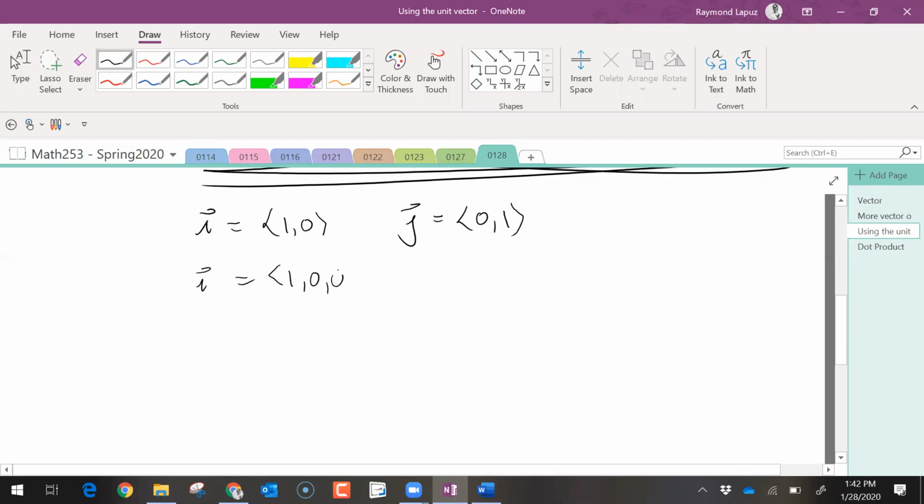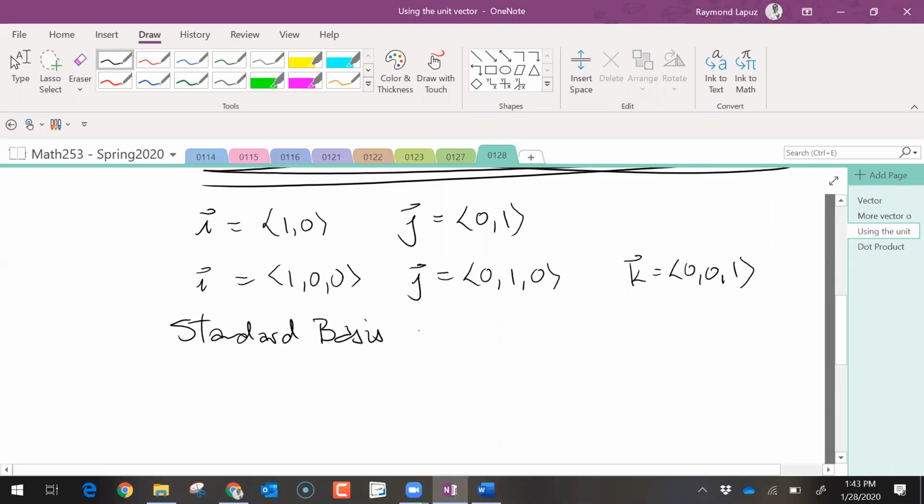So there's no distinction between 2-dimensional and 3-dimensional i, j, but if there's a k involved, you know it's going to be 3D. So the i, j in 2 dimensions and the i, j, k in 3 dimensions are called the standard basis vectors.